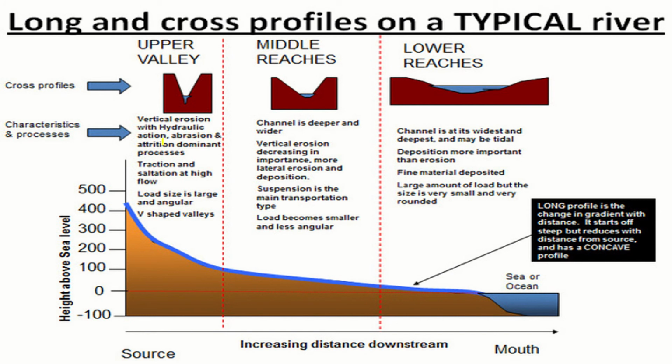Vertical erosion with hydraulic action, abrasion, and attrition are the dominant processes that operate in this region. Vertical erosion gives rise to this characteristic structure.